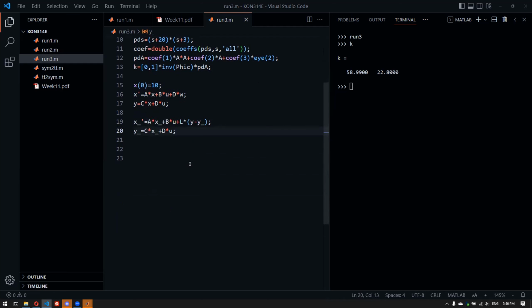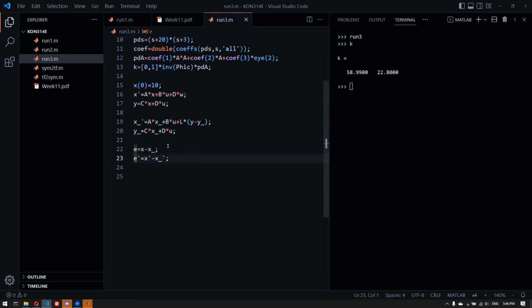Now, of course, you cannot just choose any L here and assume that this should work. This is too theoretic and it looks too nice. But what you can do is define something that is important for us, namely the difference between the state and our state estimate. And we can, again, do some crazy stuff here. We can take the derivative, for example, that will end up in the difference of the derivatives.